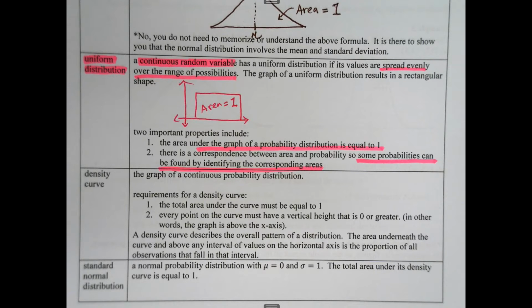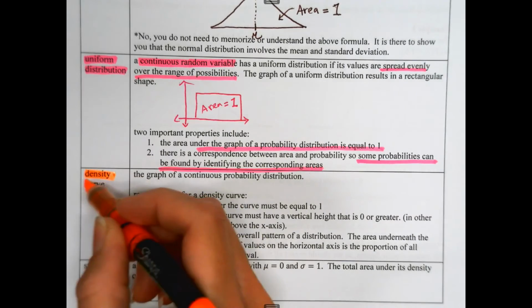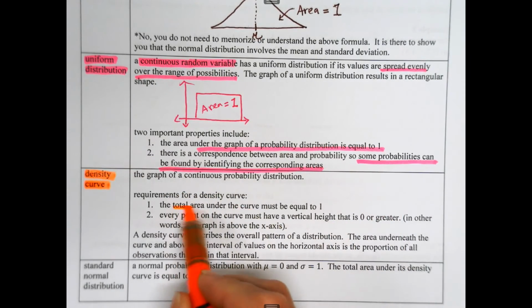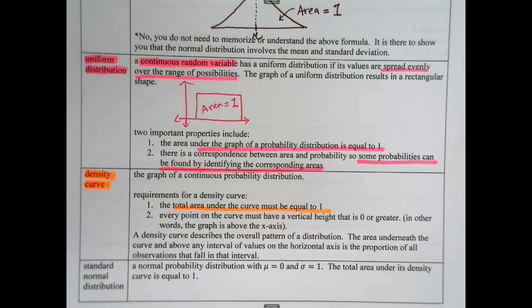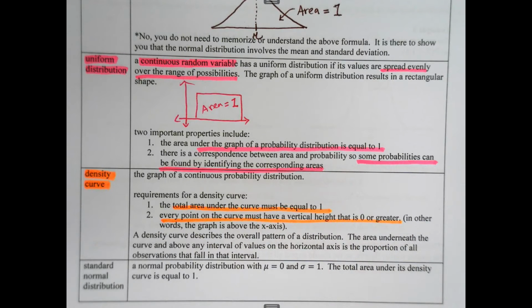Density curve. A density curve is a graph of a continuous probability distribution. And the requirements for a density curve are that the total area underneath the curve is equal to 1, just like with a uniform distribution. And every point on the curve must have a vertical height that is 0 or greater. So essentially, all this is saying is that it has to be above the x-axis.